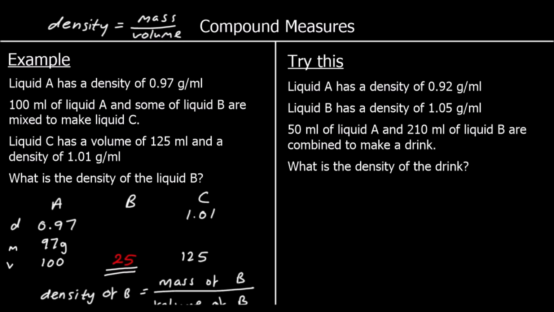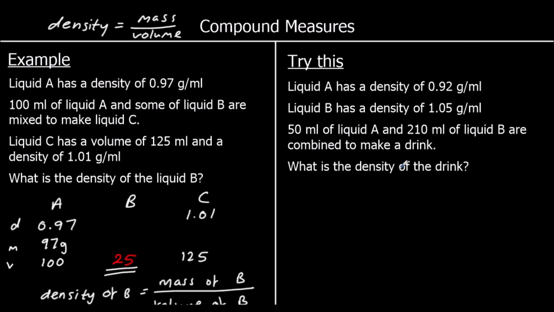We have liquid A, and we're given the density. We're given liquid B's density, and we are told the volumes. So we're told how much of liquid A and how much of liquid B we're using, and we're finding the density of the combined drink. So we're going to calculate the mass of both of them.